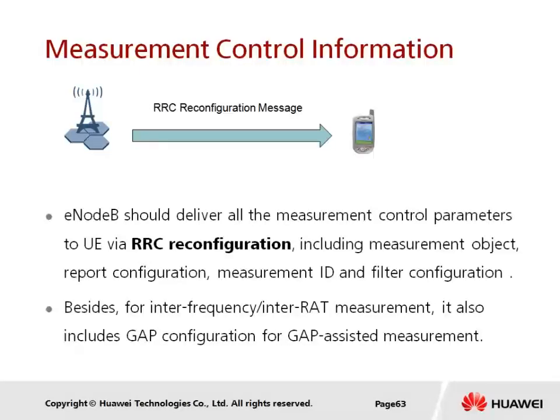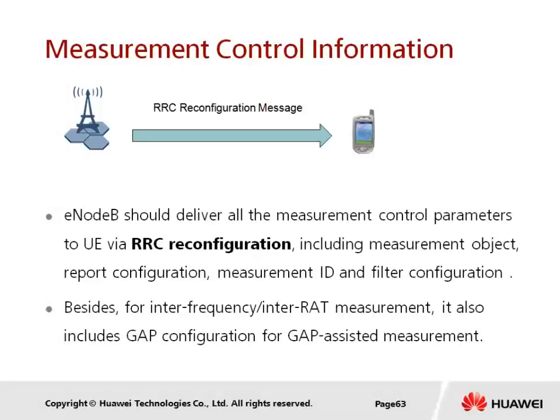So this is the measurement control information, which is a set of measurement instructions and handover reporting instructions. They are all set in the eNodeB and sent to the user via the RRC reconfiguration message.